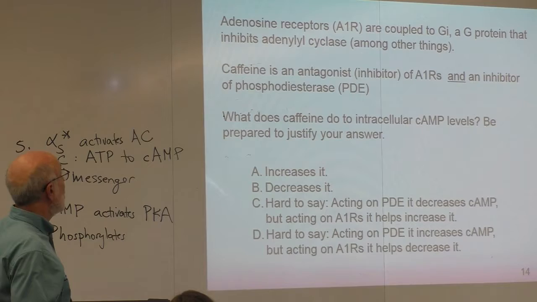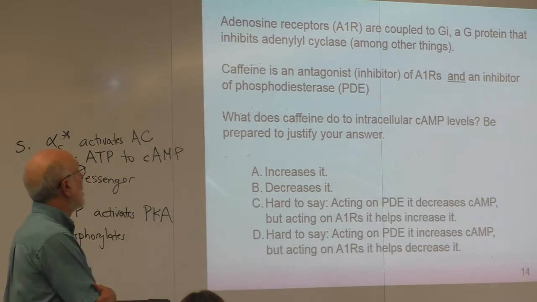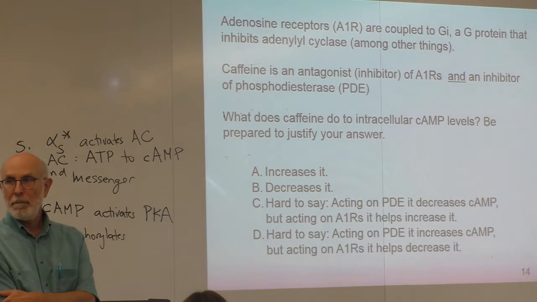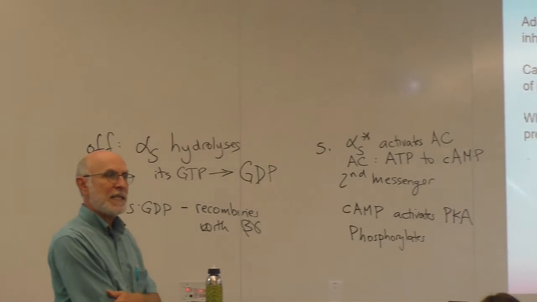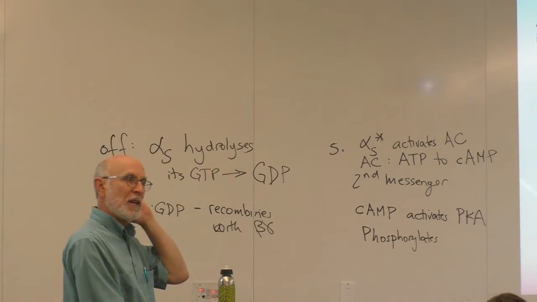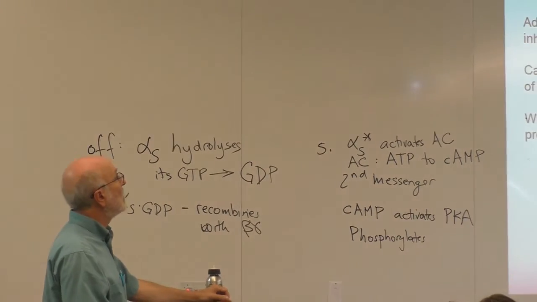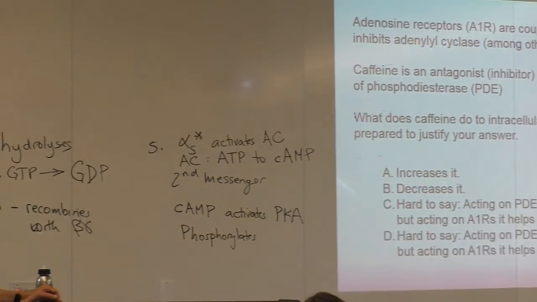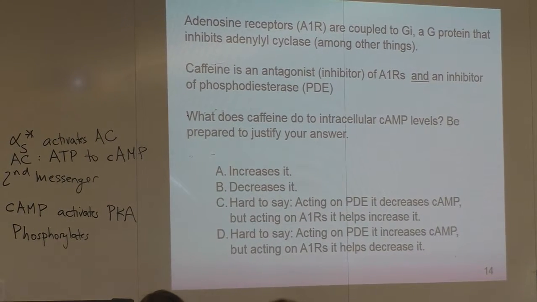Adenosine receptors are coupled to Gi, a different G protein, a G protein that inhibits, does not stimulate, adenylyl cyclase. We mention that in cell phys. We don't talk about Gi as much, but it's important. Adenosine receptors are coupled to Gi, and Gi alpha, when activated in the GTP ligand state, inhibits adenylyl cyclase.